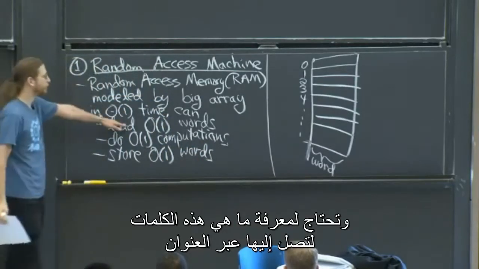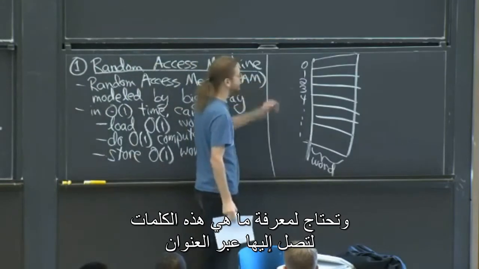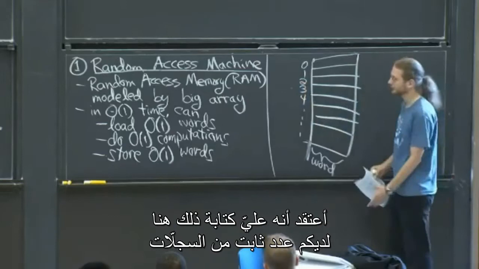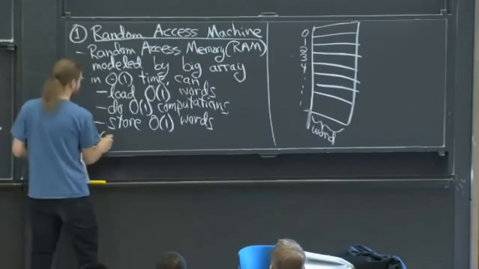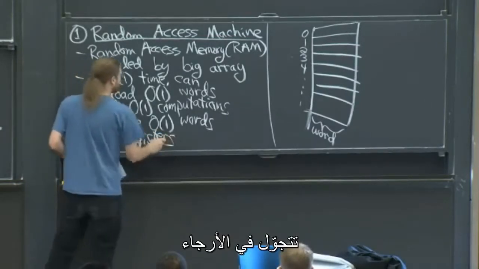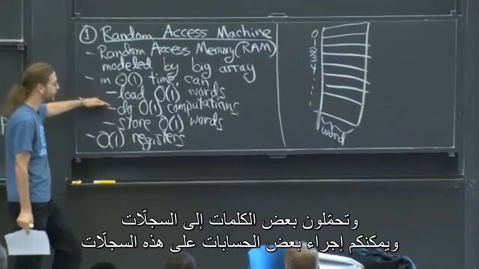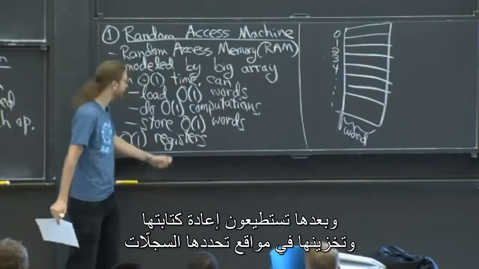It needs to know where these words are. It accesses them by address. And so I guess I should write here, you have a constant number of registers just hanging around. So you load some words into registers. You can do some computations on those registers, and then you can write them back, storing them in locations that are specified by your registers.